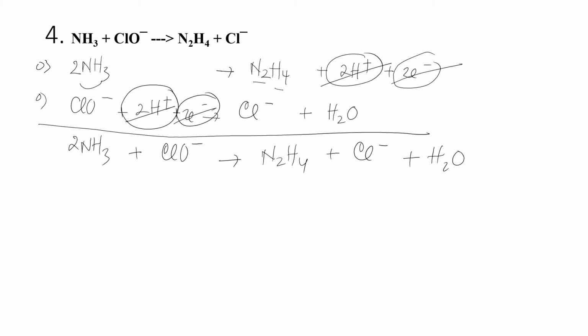The number of O is 1 on both sides, and then the charge is minus 1. The number of H is 6. Here the number of H is 4 plus 2. The number of Cl, 1. Okay, so finish.